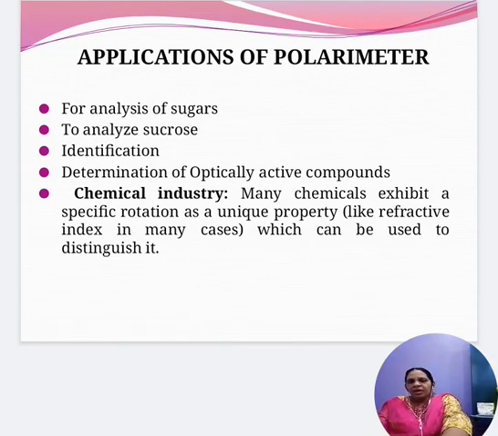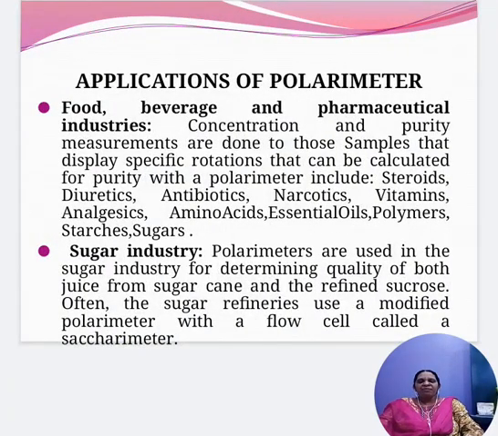Another common use is in food and beverage industries and pharmaceutical industries, where polarimeters are widely used, because the concentration and the purity of the samples should be precisely measured. Concentration and purity measurements are done on samples that display specific rotations that can be calculated for purity with a polarimeter.